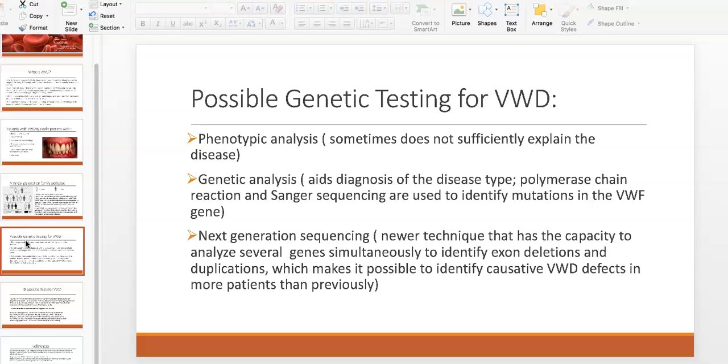NGS, next generation sequencing, is the new technique that has the capacity to analyze several genes simultaneously to distinguish exon deletions and duplications, which makes it possible to identify causative VWF defects in more patients than previously.